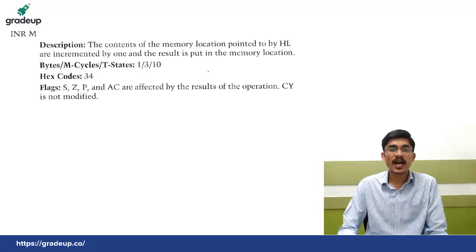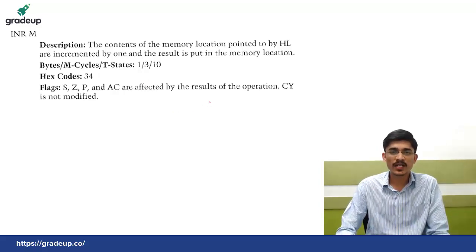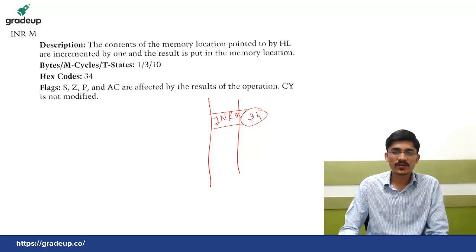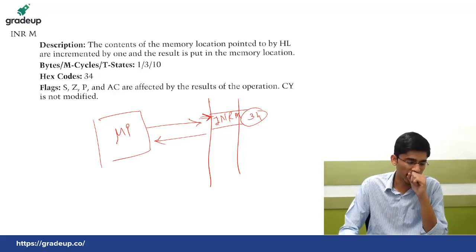So let's move to the next instruction, which is INR M. Here you have to be very careful. Suppose this is the memory. Here it is written INR M. The hex code for this is 34. So here 34 will be written. This is your microprocessor, which is connected to the memory. Suppose the current execution is going from here.